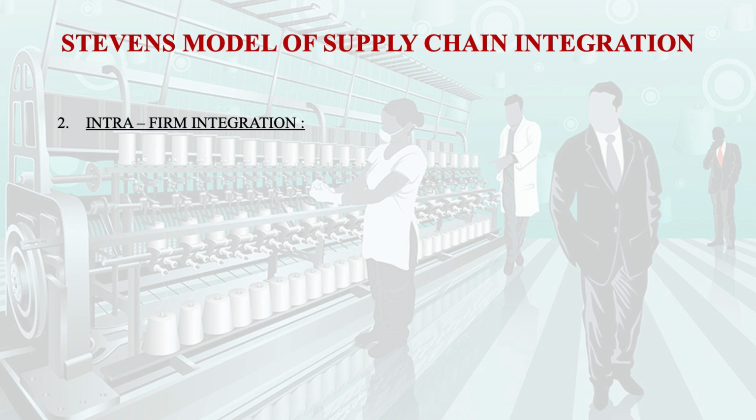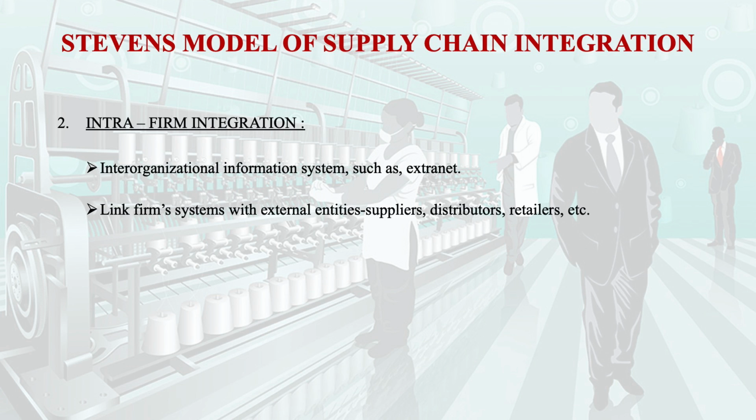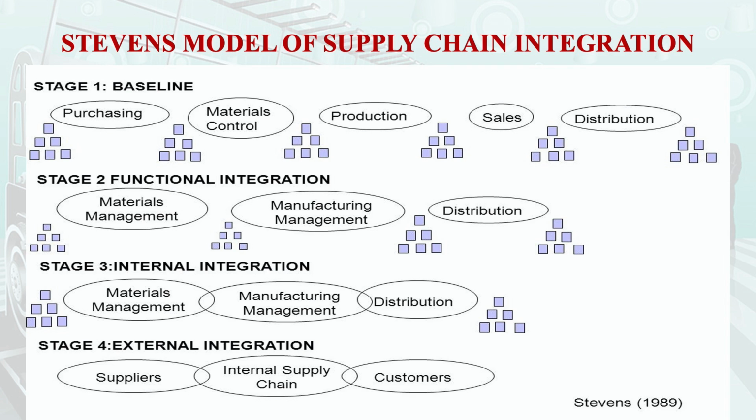Intra-firm integration, internal organizational information systems such as extranet, links from the system with external entities, supplier, distributor, retailer, then we have to share the data and the integrated processes. This is basically known as the Stevens model for integration of the supply chain. You have at the top baseline, then functional integration, internal integration and then finally external integration.